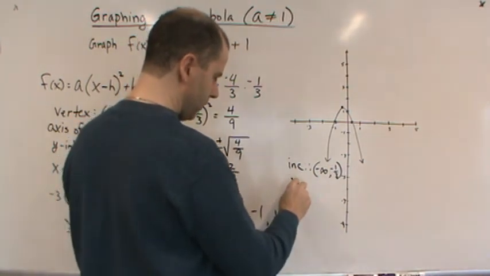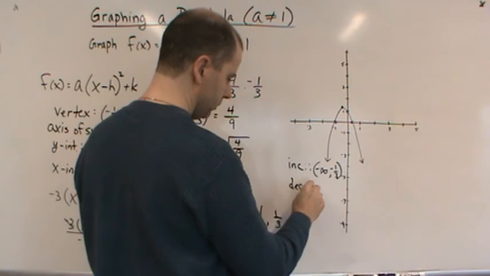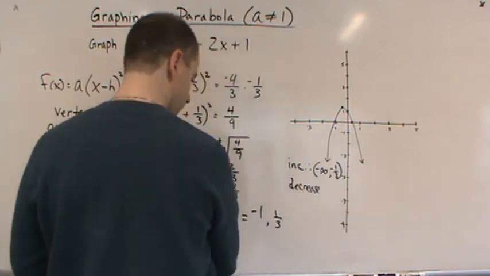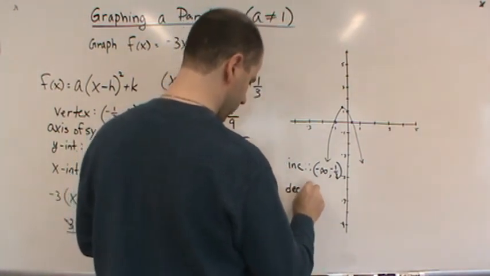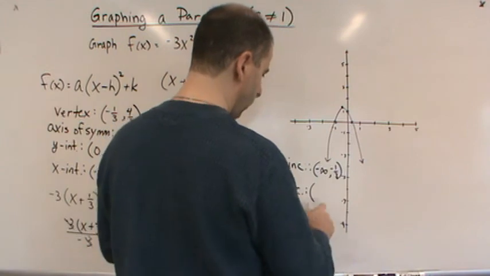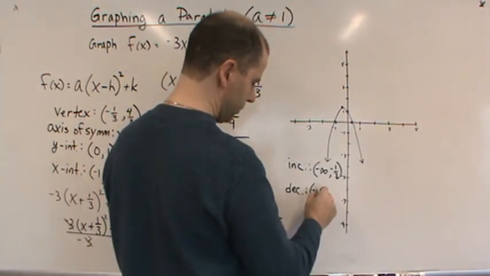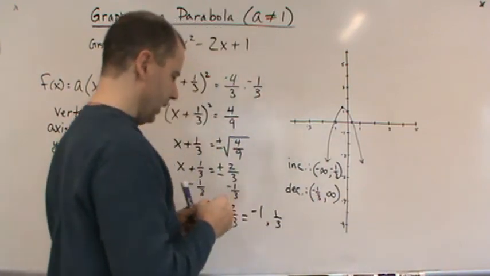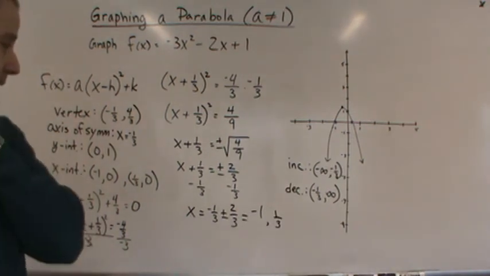And then for decreasing, it's going to start decreasing at the vertex. That's where it changes direction. So it's going to go from -1/3 to positive infinity. And so those are the largest open intervals where it's increasing and decreasing.